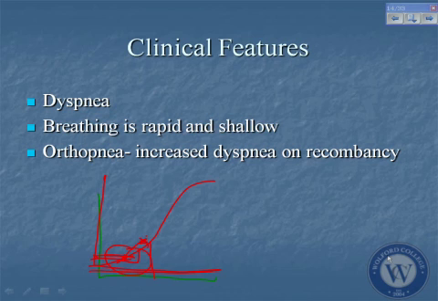What it does is drive the FRC up to a normal point, and then the tidal volume increases dramatically. The way you know it's working is as you give the person CPAP, all of a sudden the respiratory rate goes from 32 down to 21, and you see the person's tidal volume increase dramatically. All you've done is shove them up the FRC curve and made them breathe much, much better.